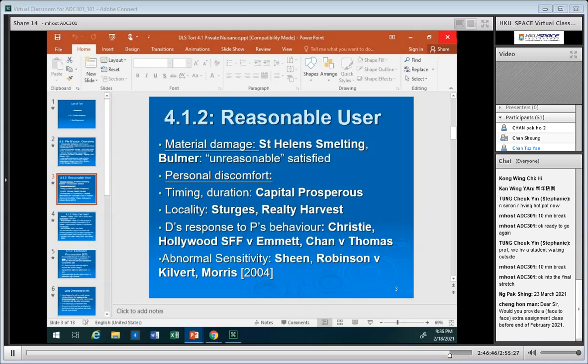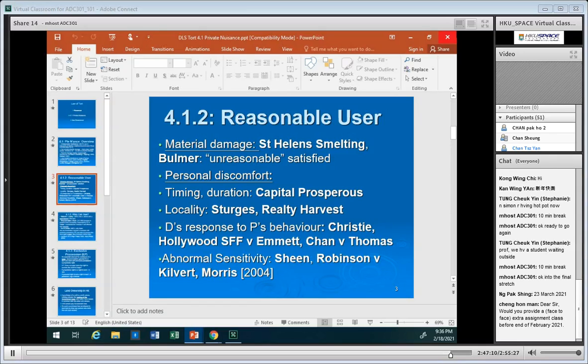The court said that was unreasonable interference. It was excessive noise and vibrations, even though it was in an industrial area. It is a question of degree with reference to the facts of each case. So, Realty Harvest, a good case on page 99.